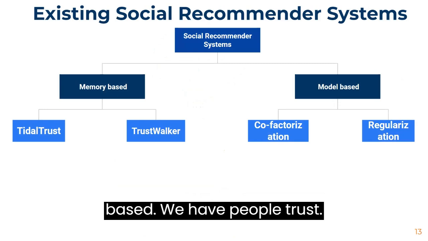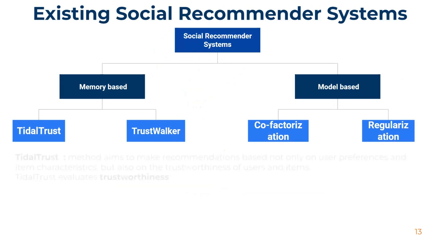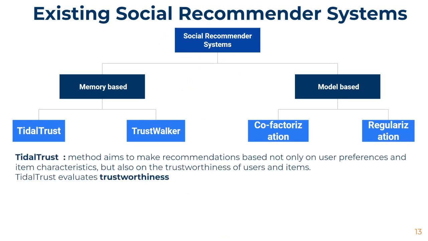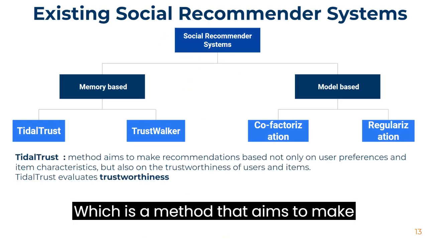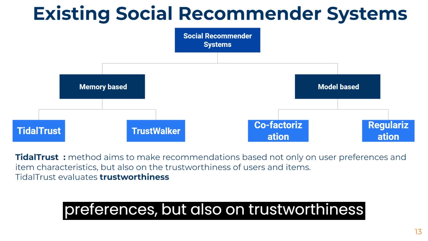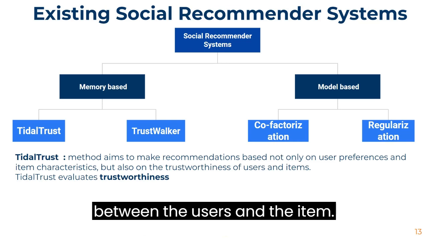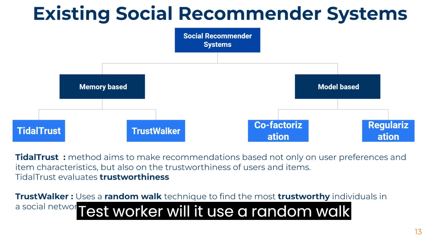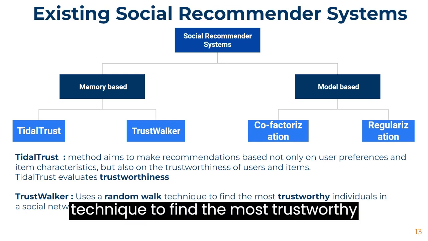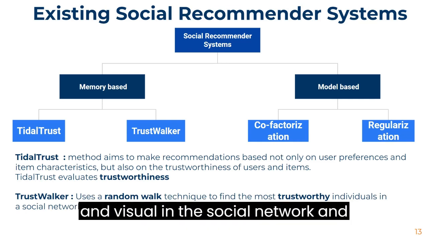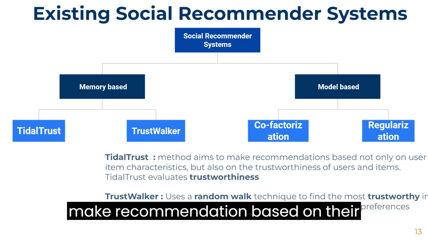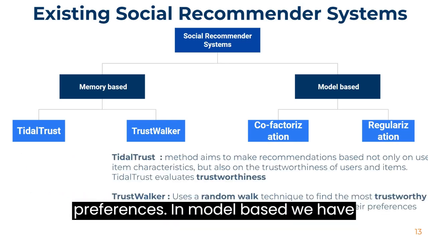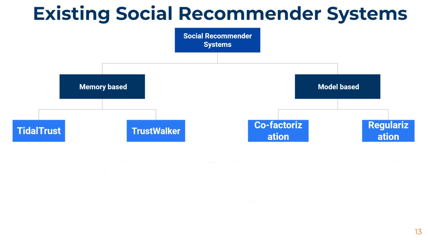In memory-based, we have TidalTrust, a method that aims to make recommendations based not only on user preferences, but also on trustworthiness between the users and the item. TrustWalker uses a random walk technique to find the most trustworthy individuals in the social network and makes recommendations based on their preferences. In model-based, we have co-factorization and regularization.